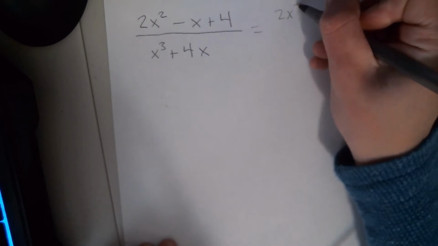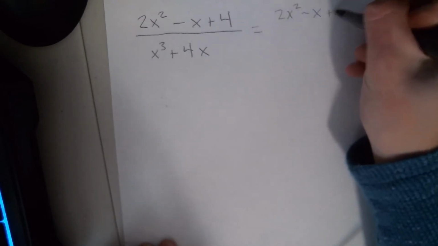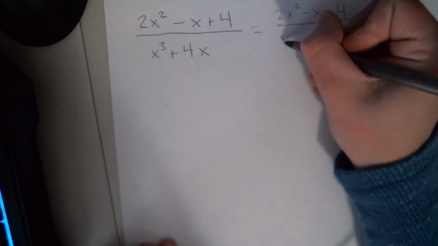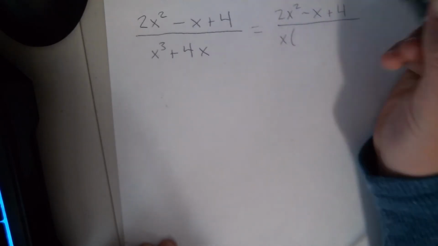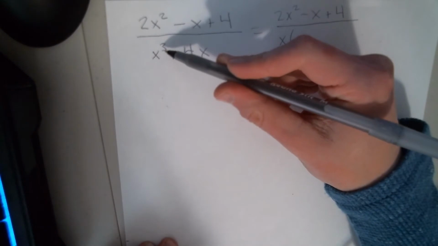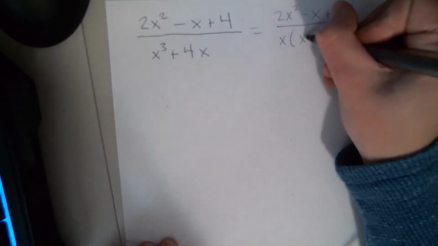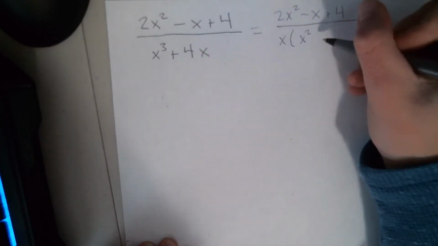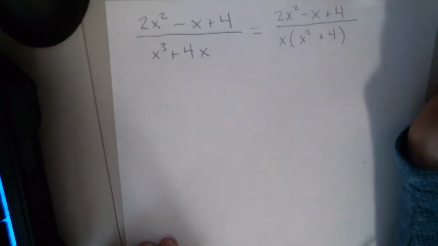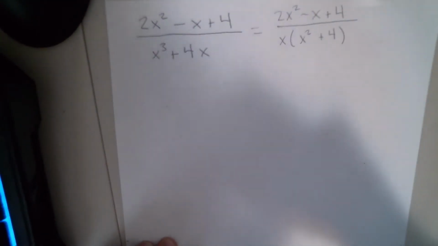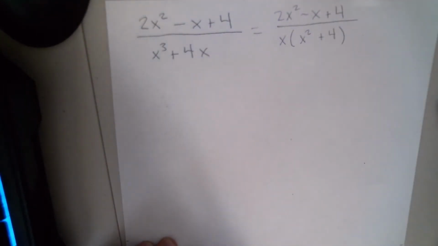We get 2x squared minus x plus 4 still on top, and then factoring the bottom, we've got x, and when we divide x cubed by x, we get x squared, and dividing 4x by x, we get 4, so x squared plus 4. So we now have the bottom factored, which is our first step.